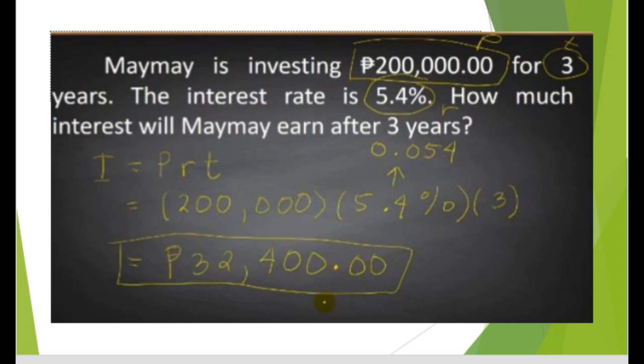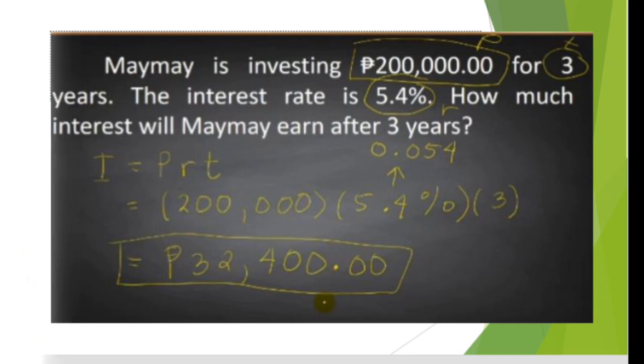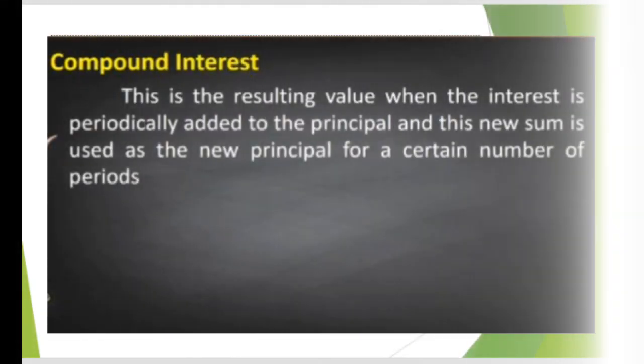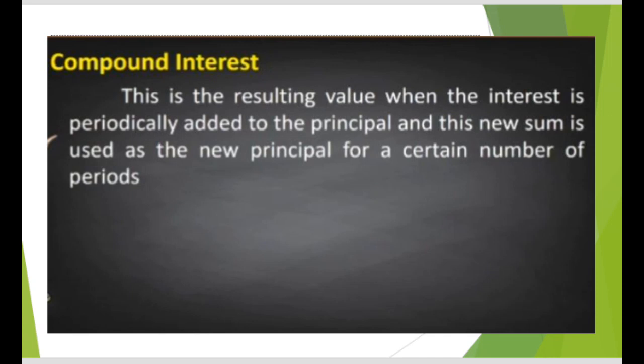The answer is 32,400 pesos. So, the interest that Maymay will get after 3 years is 32,400 pesos.